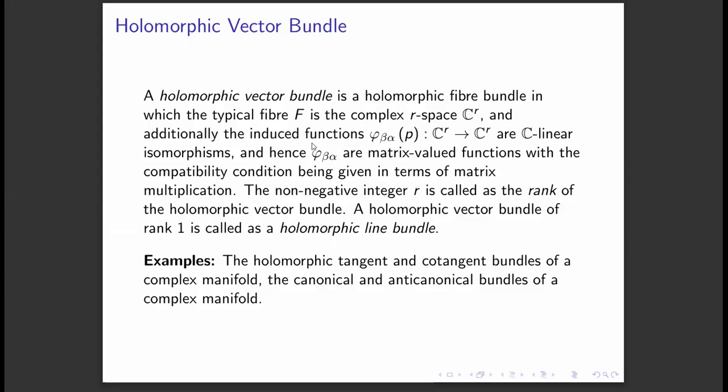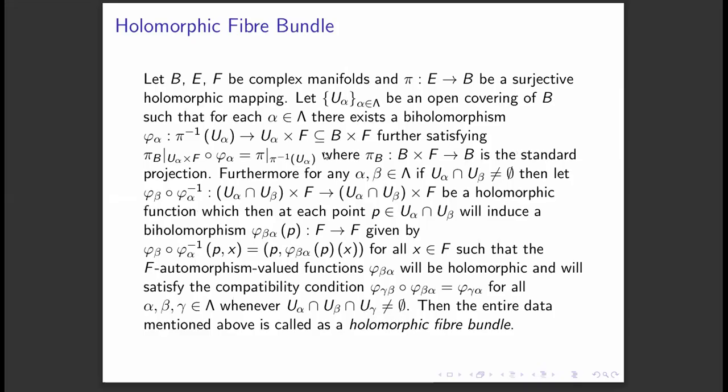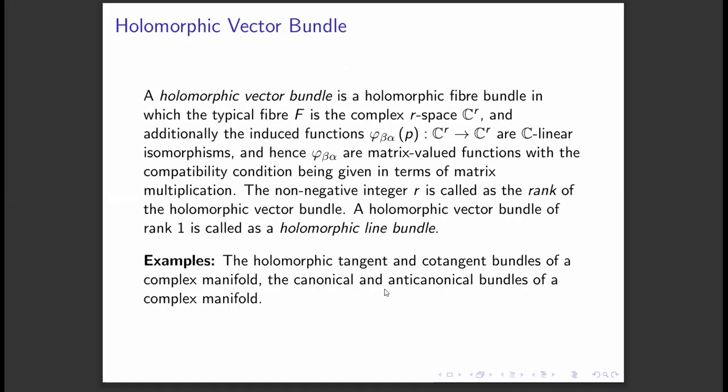In the case of holomorphic vector bundles, these induced functions phi beta alpha are C-linear isomorphisms, and that's why they become r cross r invertible complex matrices. So the compatibility condition, or cocycle condition, will then be given in terms of matrix multiplication.